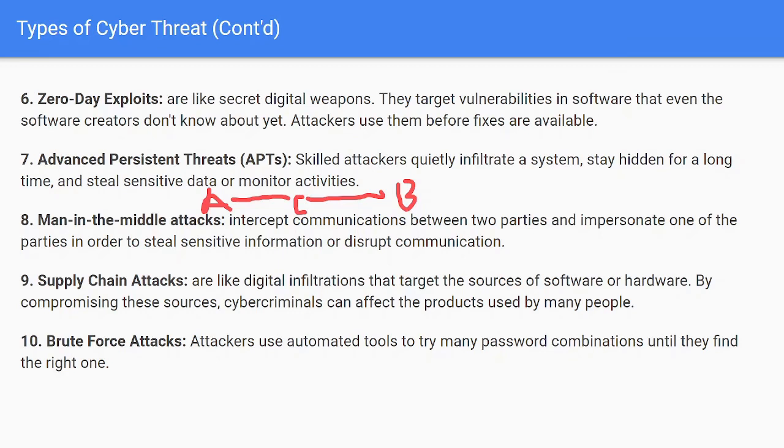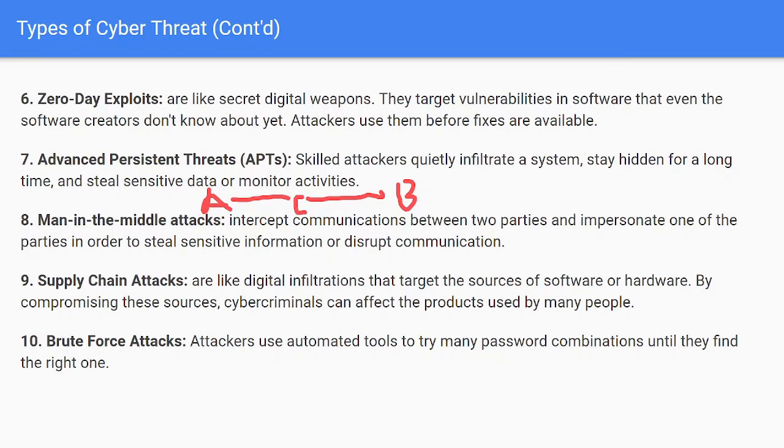If A says we'll attack at noon, C can intercept it, change it to we'll attack at 2 p.m., and send it to B. You understand? Both A and B don't know that somebody else is listening to them. So this is called the man in the middle attack. These were the things that were used during the wars, World War I and World War II.